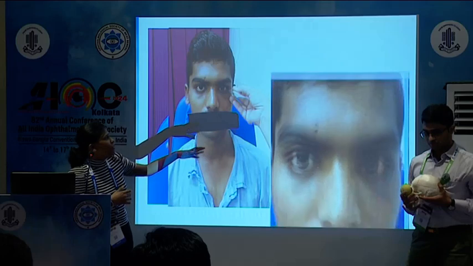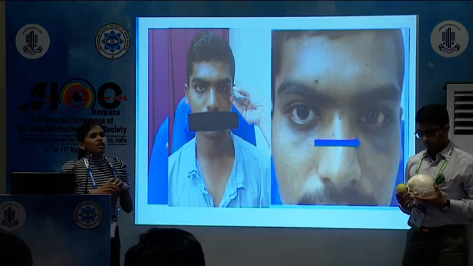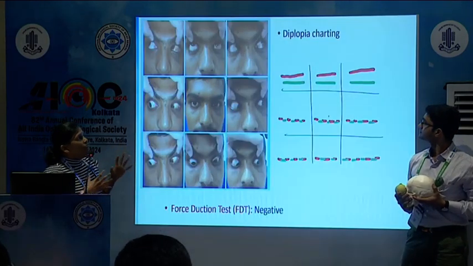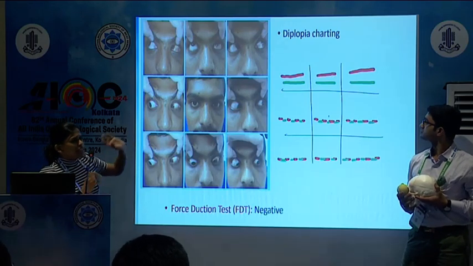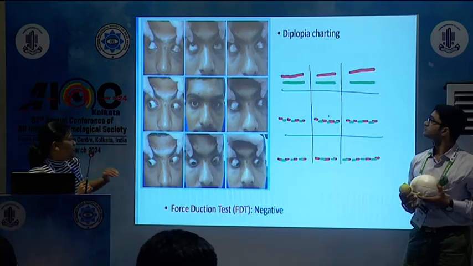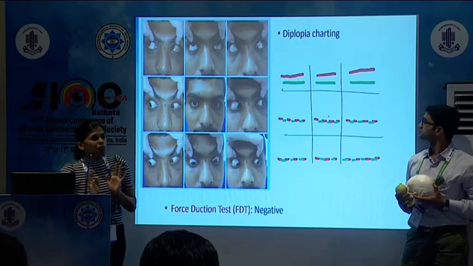Next, you can see there is a loss of sensation in the infraorbital region and over the cheek. On extraocular muscle movement, there is a slight restriction in levo-elevation, and mild diplopia in extreme upward gaze.